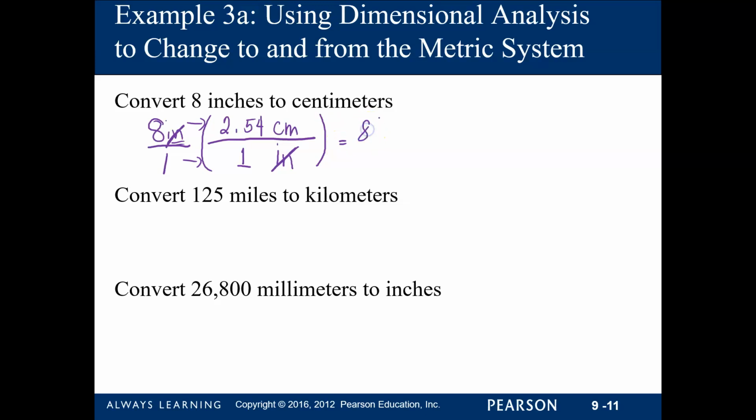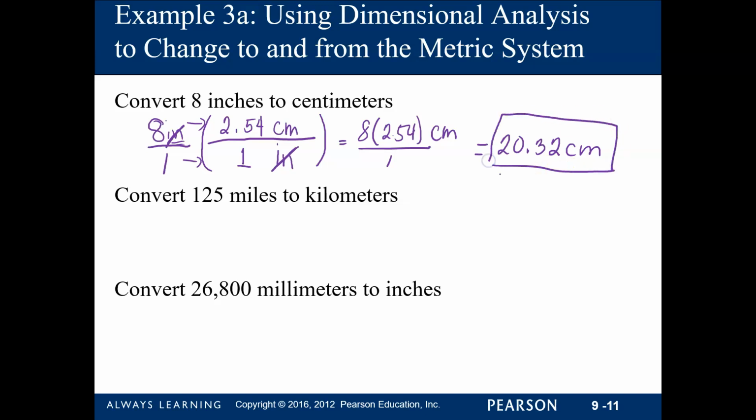So now we have 8 times 2.54 centimeters over 1, and you can ignore the over 1 now. Doing the calculations, you will end up getting 20.32 centimeters. This is how many centimeters 8 inches is equivalent to.